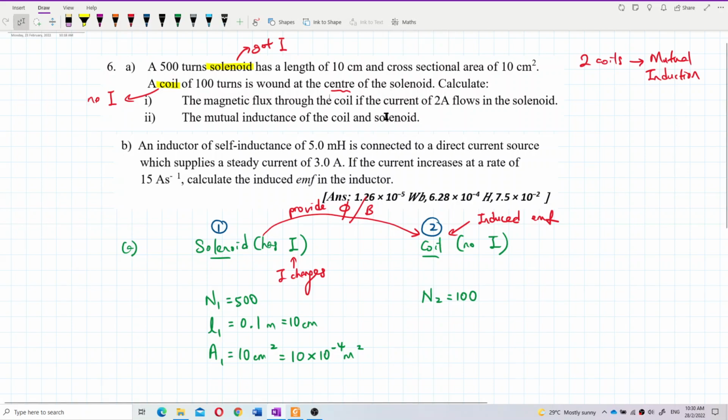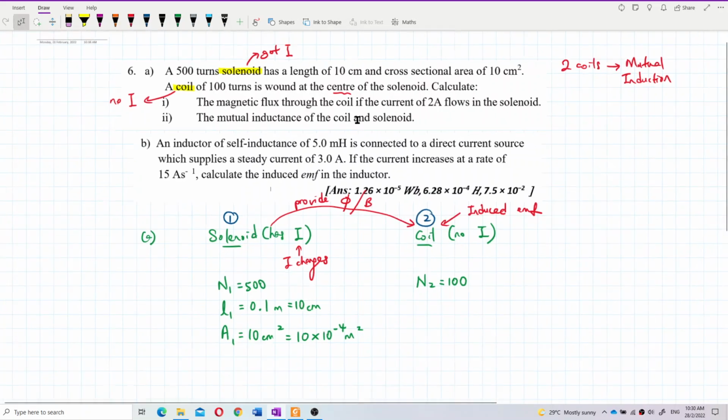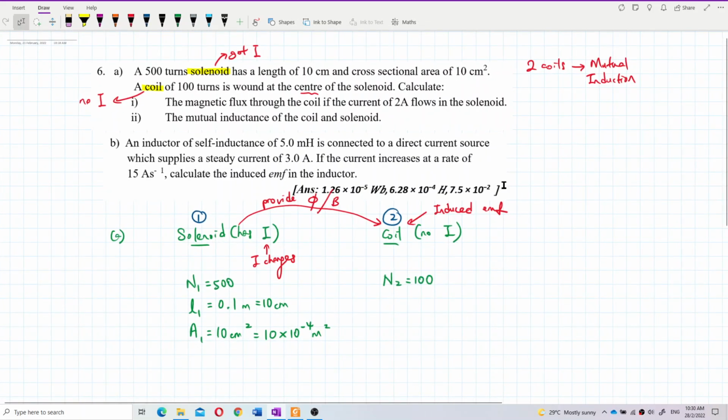So the setup is like this. We have a solenoid.